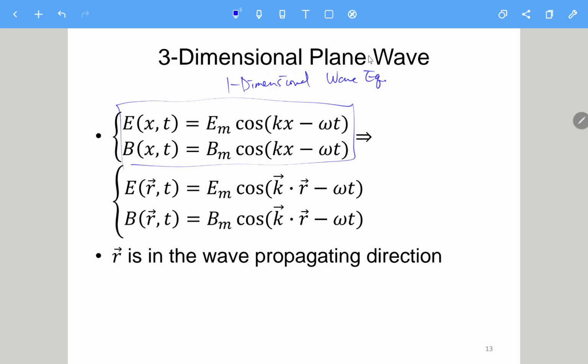If it is the three-dimensional plane wave, we just change x to be r vector, and then here it becomes k hat. The wave number can also be a vector, can also be a 3-vector. So k dot r defines the propagation direction. So we have k dot r, and then minus omega t will still be the same. So this is for 3 dimensions.